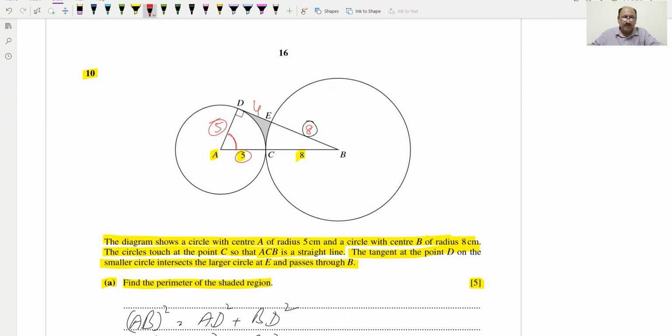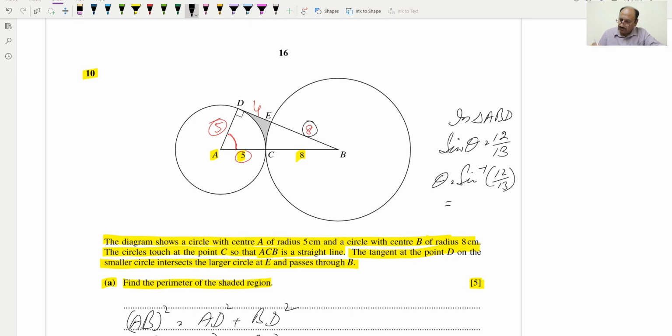We can find it in triangle ABD: sine theta is equal to BD over AB, so sine theta is equal to 12 over 13, and theta will be equal to sine inverse of 12 over 13.